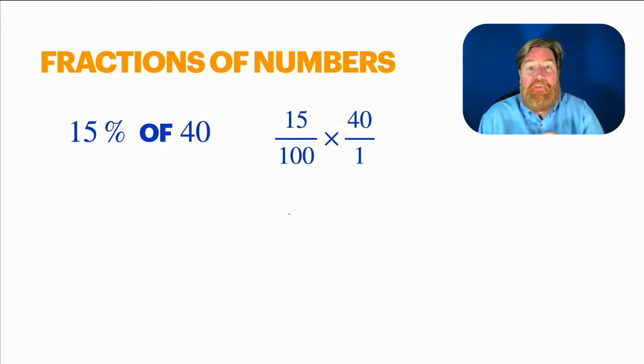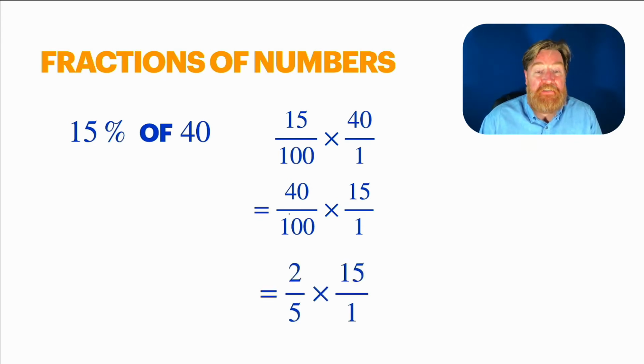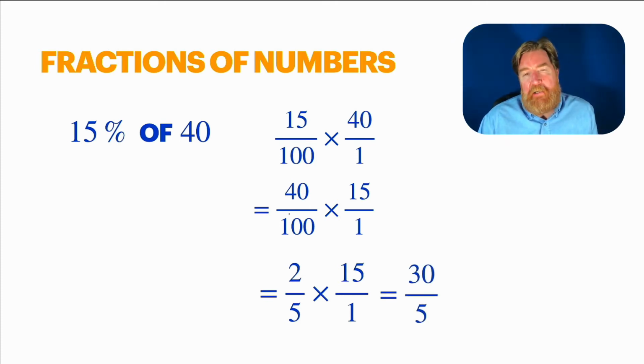Let me switch 15 and 40, that order, because 40 hundredths we can simplify to just 2/5. And then we can multiply straight across. By the way, if you wanted to do another commutative move with the 15 and the 5, go for it. But the numbers aren't so bad. So 2 times 15 is 30, 5 times 1 is 5, and 30 divided by 5 is 6. All right, so we're good to go. Looking really good.